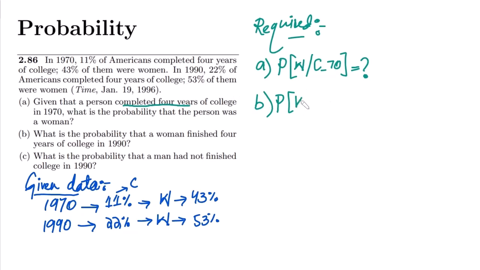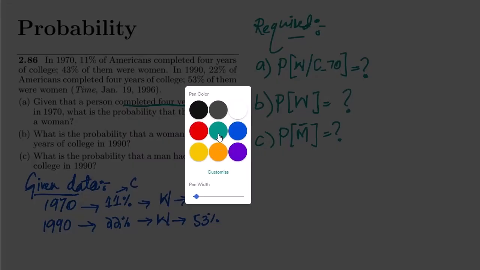So we have to find the probability that a woman completed the 4 years of education in 1990. And similarly in C, what is the probability that a man had not finished college in 1970? So these are the required data we have to find out.